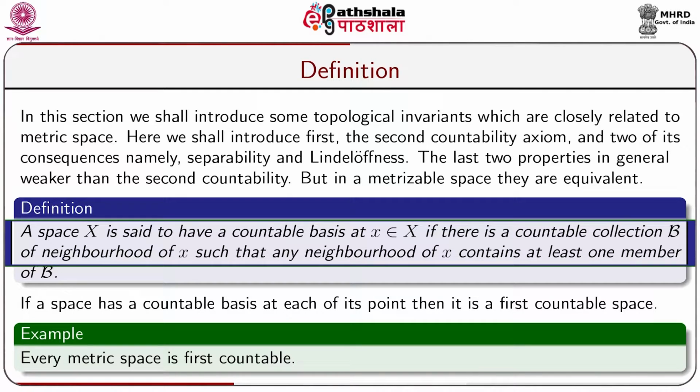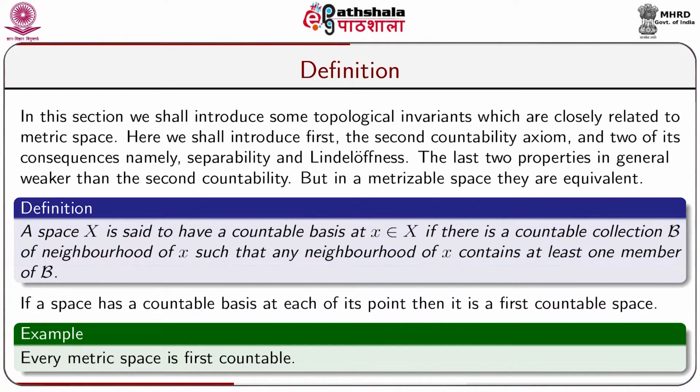If X is a topological space and x is a point in it, by a local base we mean a collection of open neighborhoods of x such that for any open set U containing x, there exists some member of that collection, say N, such that x belongs to N, which is contained in U. This is called a local neighborhood system or local base.